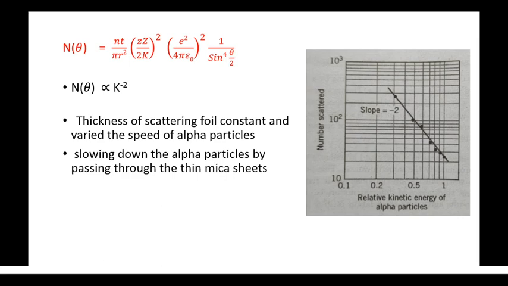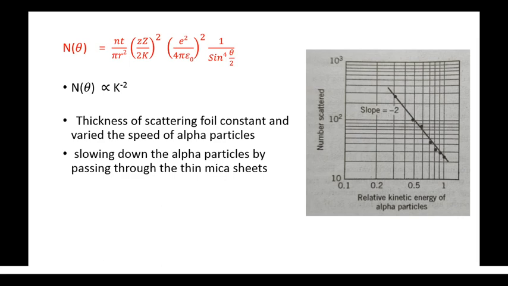Here they kept the thickness of the gold foil constant, and they varied the speed of the alpha particles. How can the speed be varied? By passing the alpha particles through thin mica sheets, the speed of the alpha particles is reduced, and these alpha particles are allowed to fall on the gold foil.